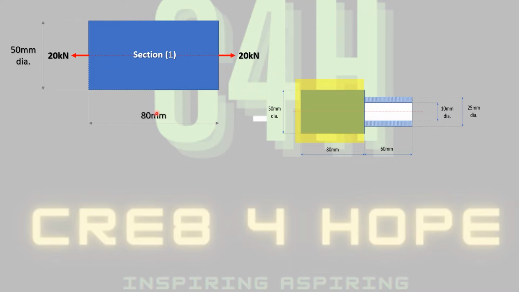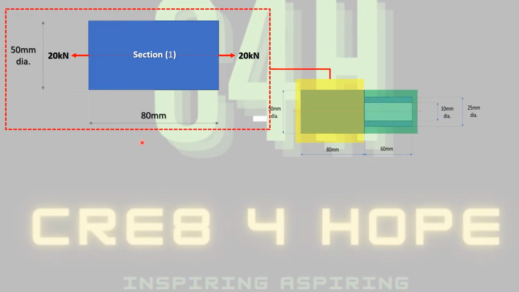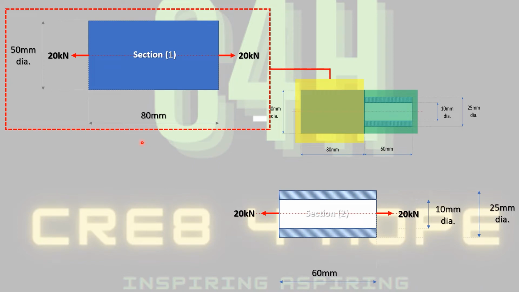So for section 1, the diameter is 50 millimeters and the length of that section of the step bar is 80 millimeters. And we do likewise for section 2, or section B. Again, it's also experiencing a tensile load of 20 kilonewtons, but this is more of a hollow tube.